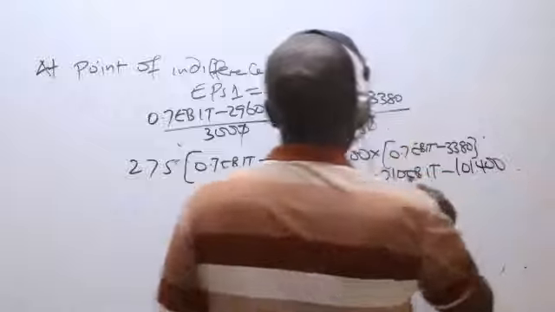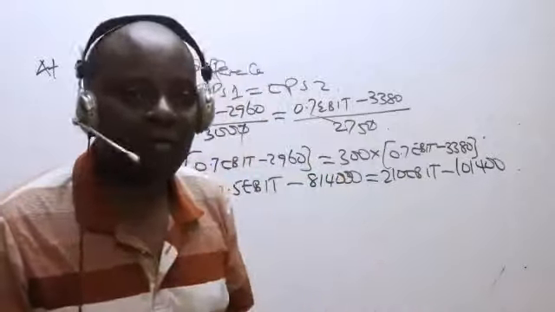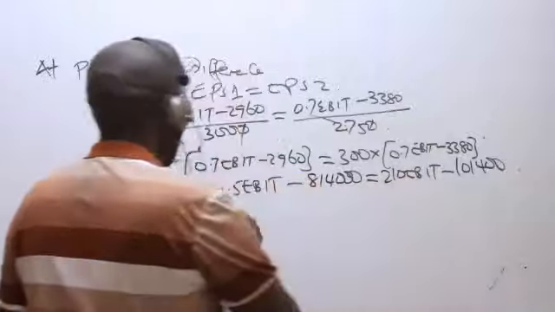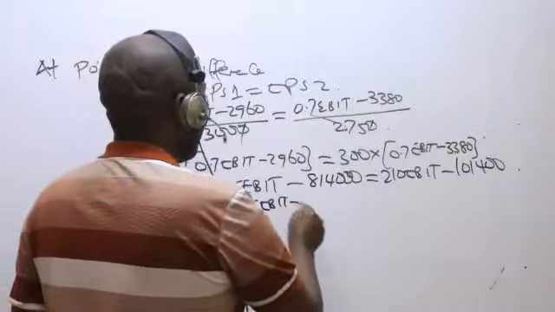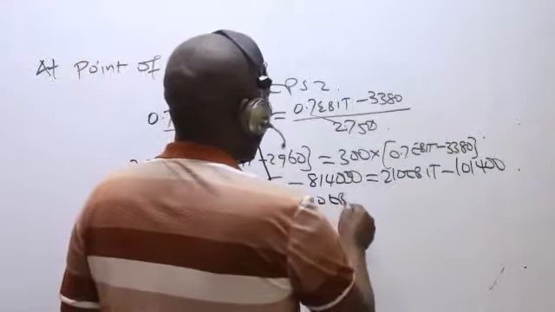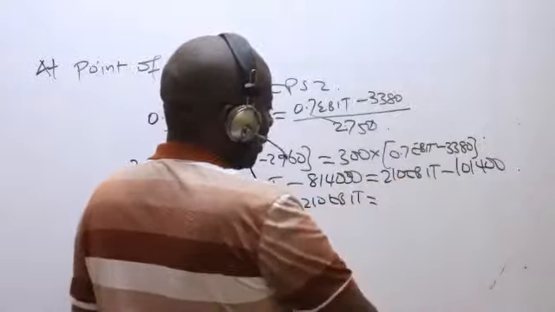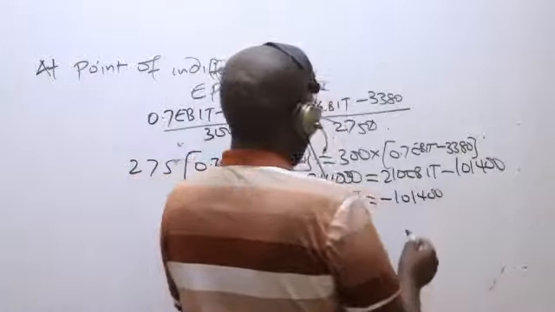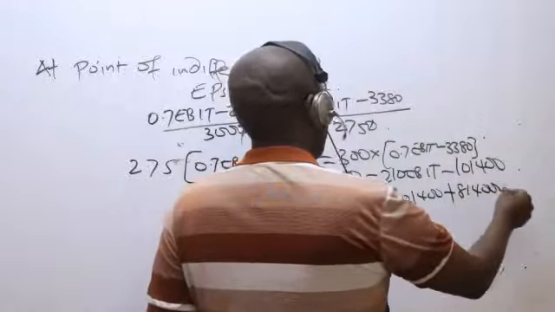So then put those terms that love each other together. EBIT terms, these are lovers: 192.5 EBIT minus 210 EBIT. This one, when it crosses over, we expect the sign to change, equals minus 101,400, and this one going to the other side becomes plus 814,000.